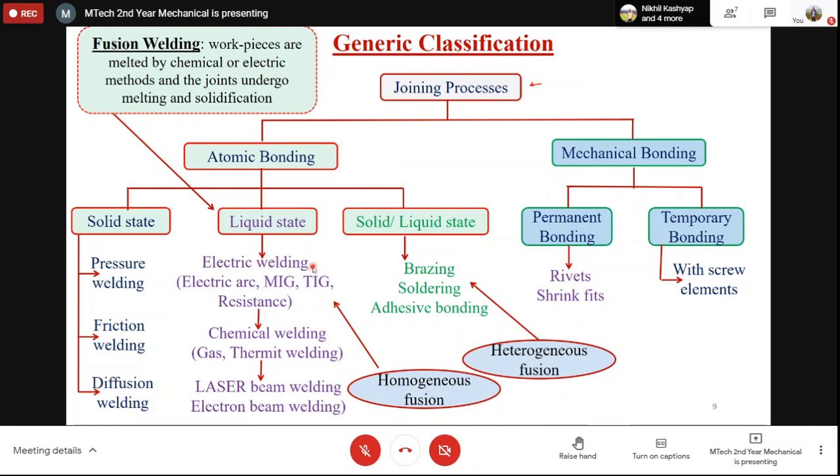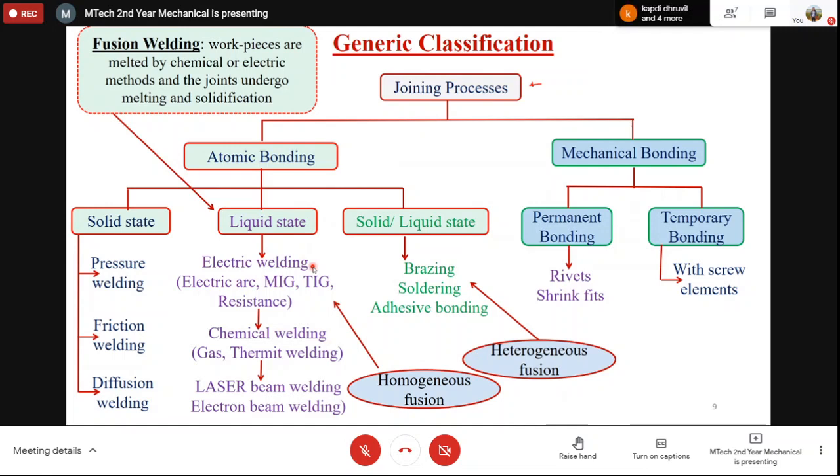Okay, in electrical welding, when we apply the electrical current, we have different types of welding. Electric arc welding is there. You have seen electric arc welding. We have the electrode holder and the electrodes, and we clamp the workpiece with the ground, and we apply the positive terminal to the electrode, and then we do the welding.